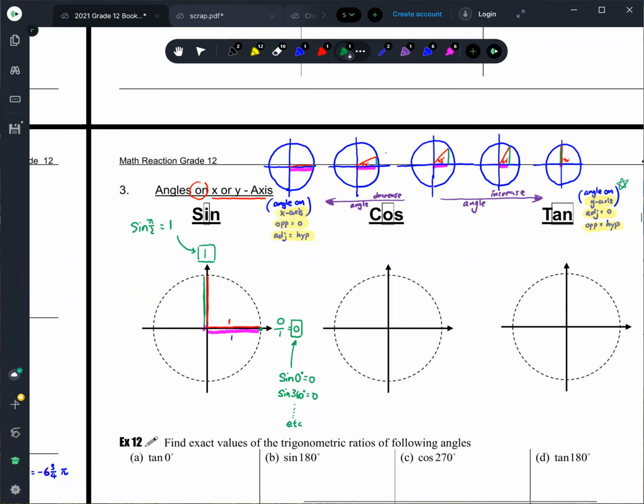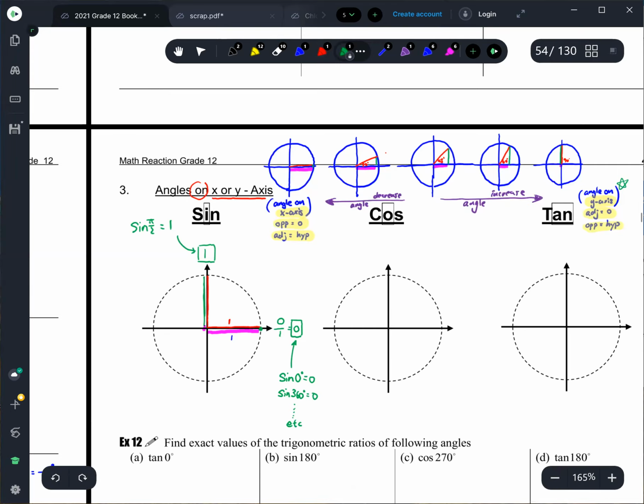It turns to there, it will be 1. So that's the meaning of the 1. 1 is the ratio, because at those places you cannot see the triangle, you need to imagine one of the sides disappeared.